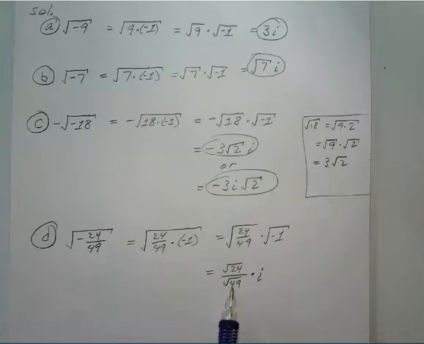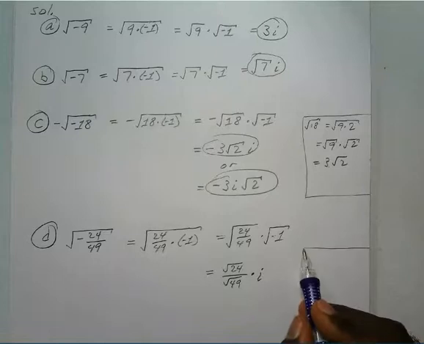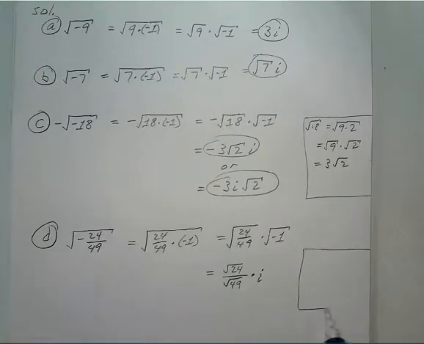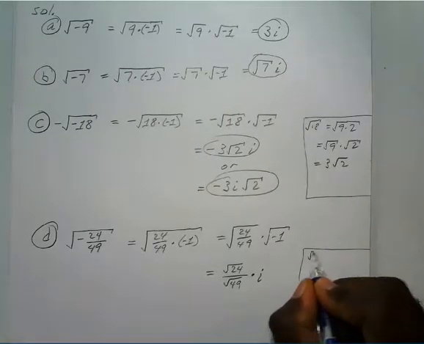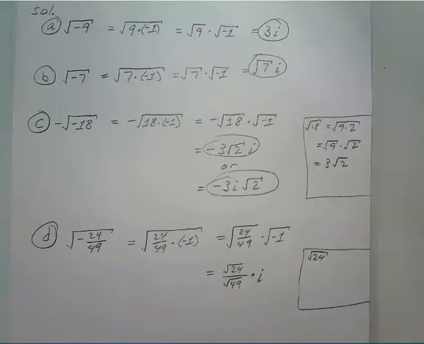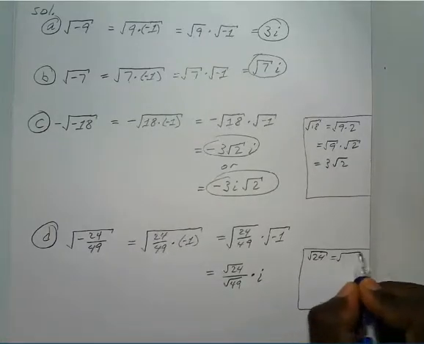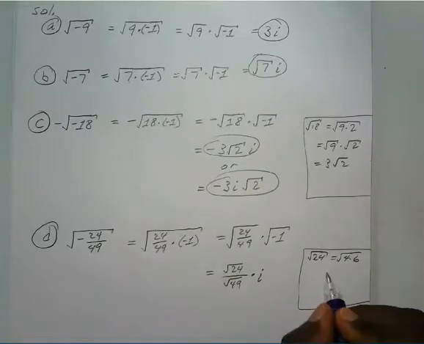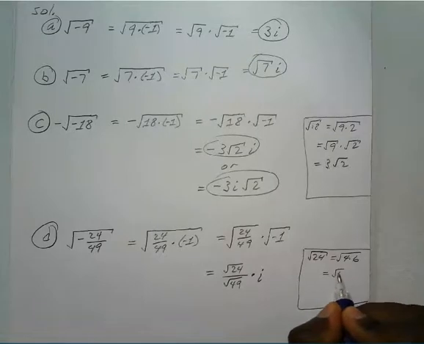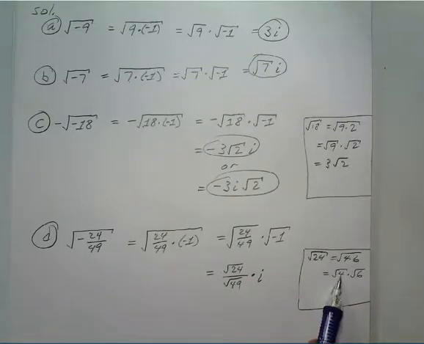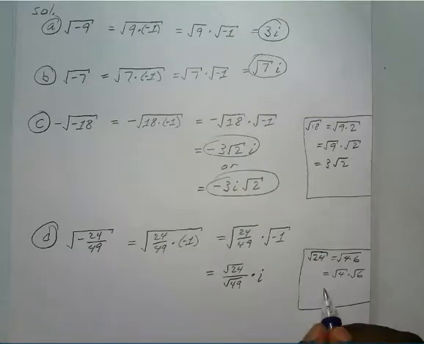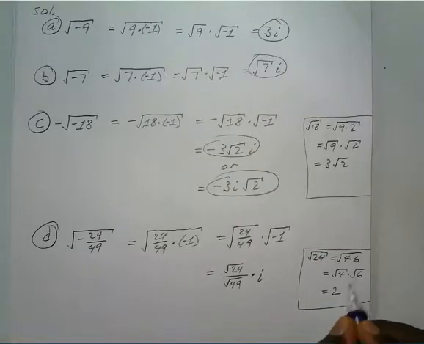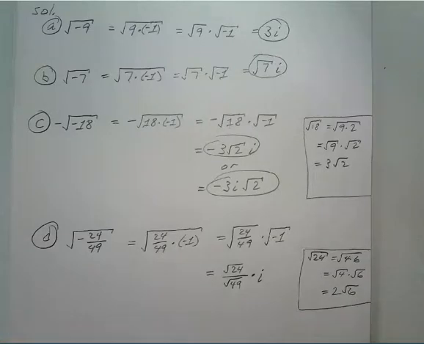Now the square root of 49 is a perfect square. The square root of 24 is not, but it has a perfect square as a factor. So square root of 24, we can make that square root of 4 times 6, which equals square root of 4 times square root of 6. Square root of 4 is positive or negative 2, but we're just going to use the positive. Square root of 4 is 2 times square root of 6.